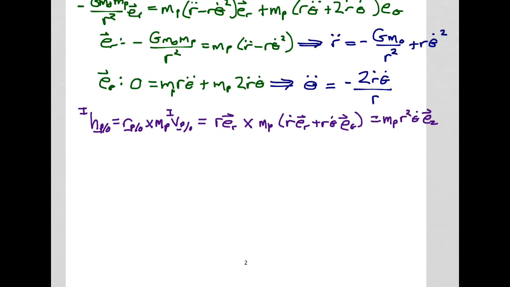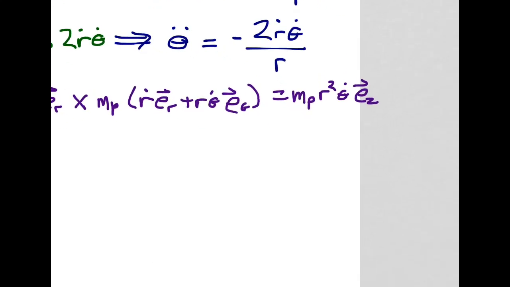So we've confirmed what we said earlier, which is that the magnitude and the direction of this are never going to change. So the magnitude of our angular momentum is conserved, as well as the direction, which is always going to be in the e_z direction, so it's planar motion. But there's another very important thing that comes out of this, in that the magnitude is only dependent upon two things: this radius r, and then theta dot.